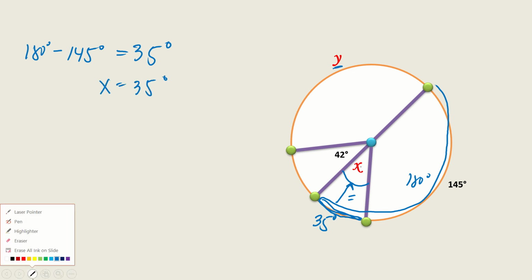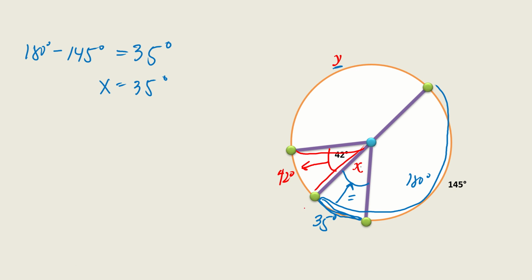Next, yung sa y naman, gawin ko ulit red. So kung ito ay 42 degrees, so therefore, yung arc na katapat niya ay 42 degrees din kasi this is a central angle. So kung 42 degrees to, at yung isang buo ay 180, so ano gagawin natin para makuha yung natitira?